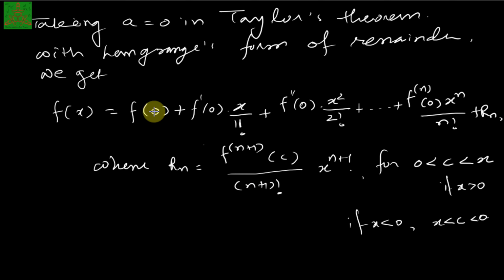Now if I substitute this value of f of 0, f dash of 0, we have f of x, which is e power x, equal to f of 0.